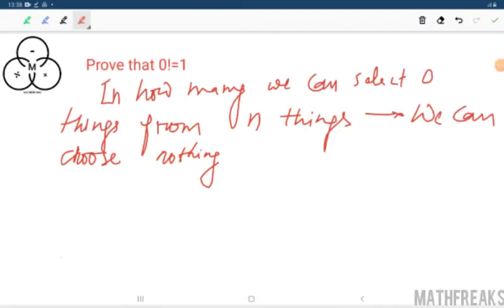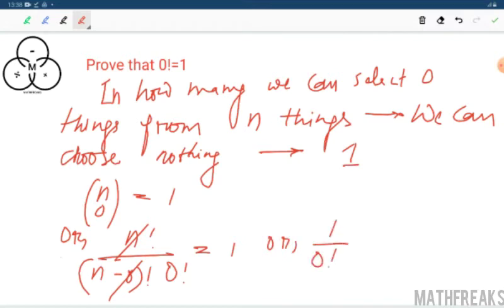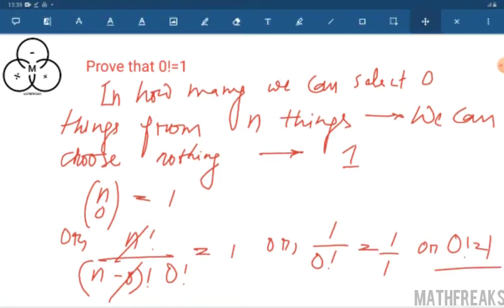So n choose 0 equals 1, or n factorial over (n minus 0) factorial over 0 factorial equals 1. The n factorial cancels, so we get 1 over 0 factorial equals 1 over 1, or 0 factorial equals 1. That is the fundamental idea.